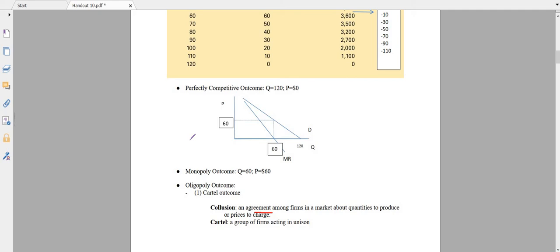A and B have colluded together and they're acting as one. So if you talk about what will be the cartel outcome, my answer would be that the cartel outcome would be the same as the monopoly outcome.